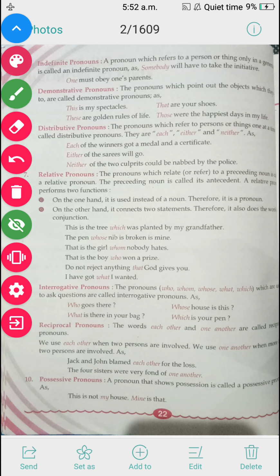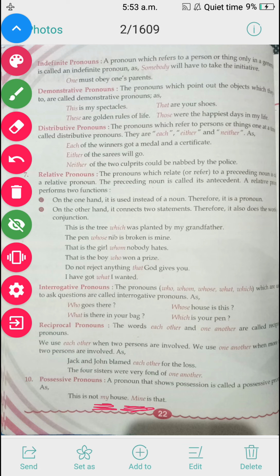This is not my house. If you are indicating something and telling, this is my house, this is not my house. Now the next is, mine is that. Yes, mine is that. These are the possessive. Okay, so these are possessive pronouns.